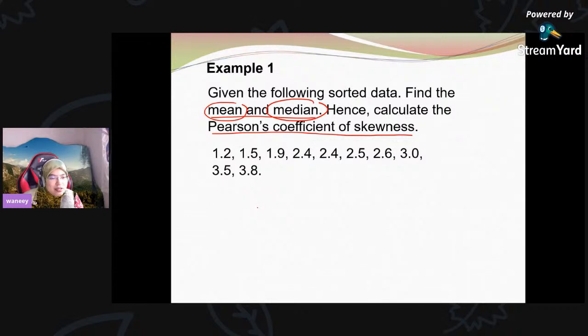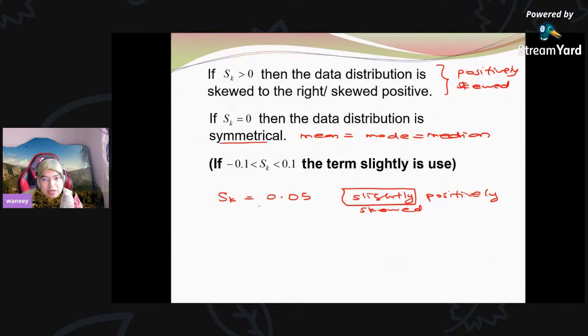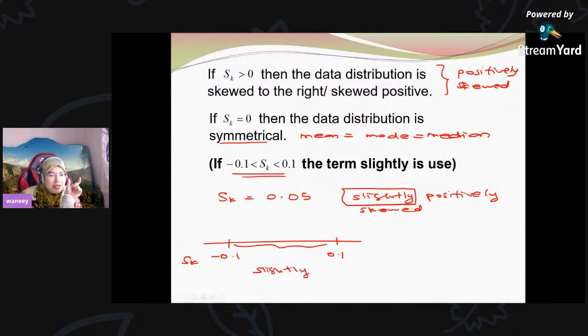Okay, so the SK is in between negative 0.1 and 0.1. If you have something in between this value, then you're going to use the word slightly. It must be slightly in front of them. So you might say something like slightly skewed to the right or slightly skewed to the left.